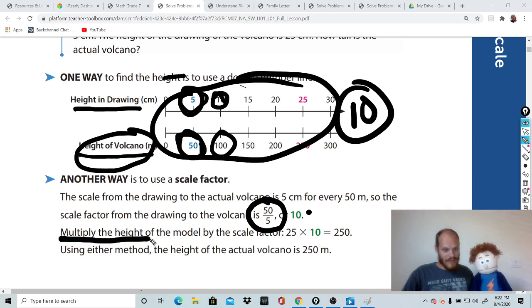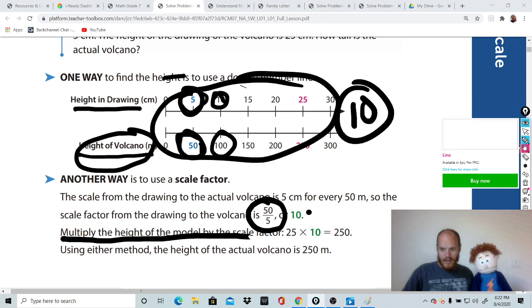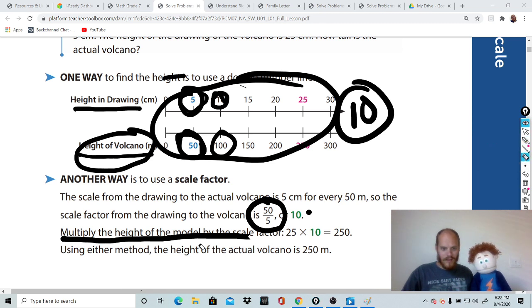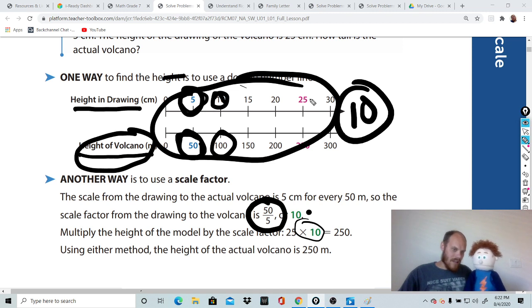So if I multiply the height by my scale, I know it's 10, I can figure out, if I made the drawing 30 centimeters, what would be my actual height? And I would take that scale factor and multiply it. So 30 times 10 being 300. Exactly, Tommy, 300. Does that make sense so far?